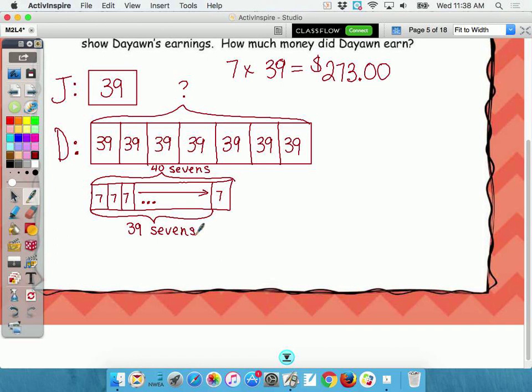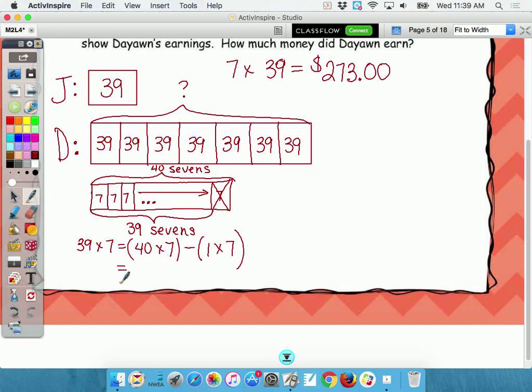So here's my thinking. You already know what I'm going to say, don't you? To do this problem, 39 times 7, I'm just going to think of 40 7s minus 1 7, and I should get the answer.